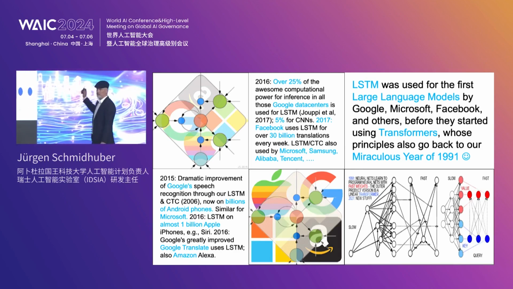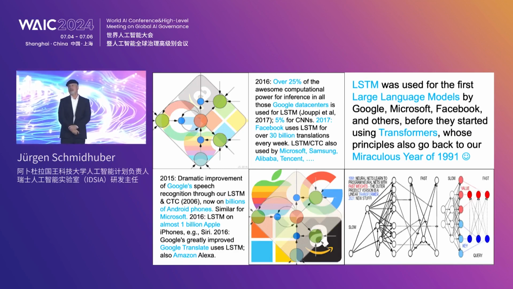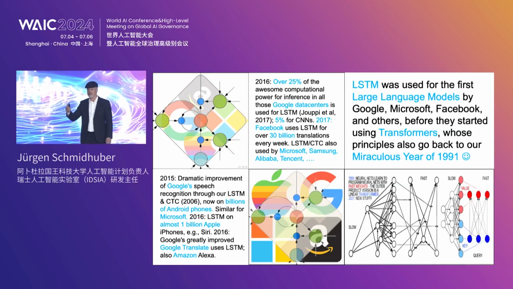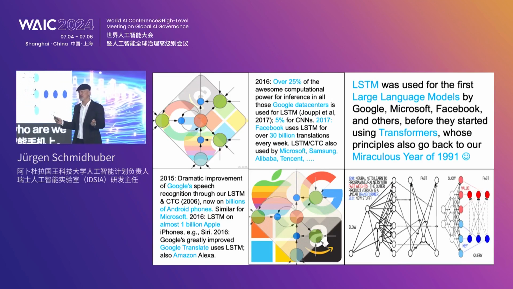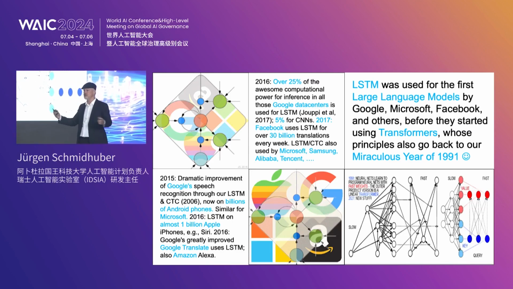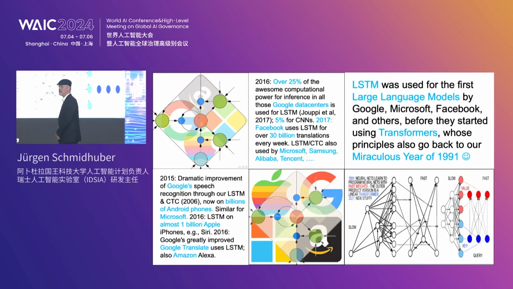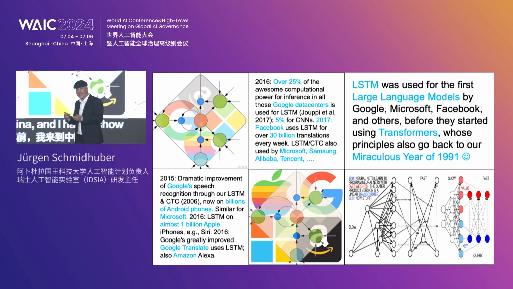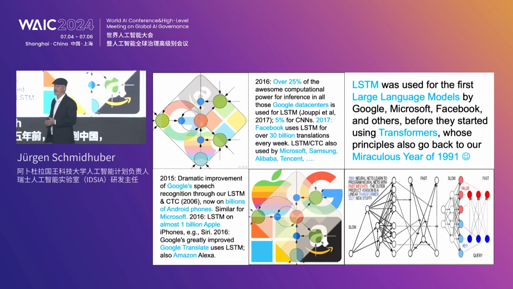Now, by the mid-2010s, LSTM was on every smartphone, on yours too, Alibaba and Samsung and Huawei, and everybody was using it for speech recognition, automatic translation. I still remember 10 years ago, 15 years ago, I came to China and I had to show the taxi driver a picture of the hotel such that he knew where I wanted to go.